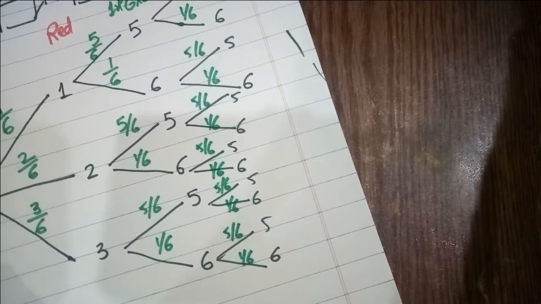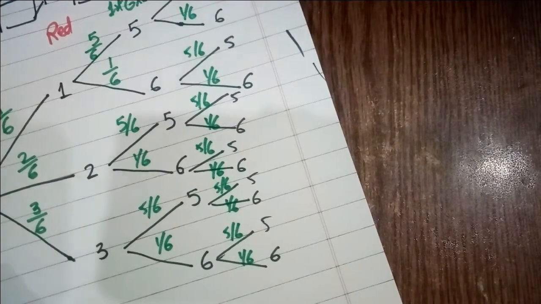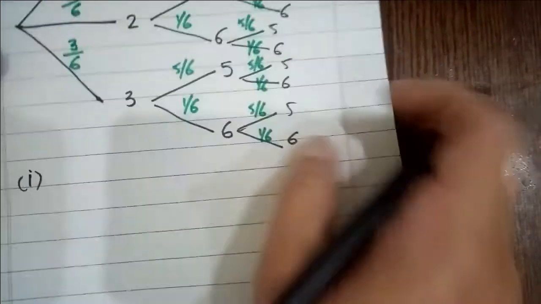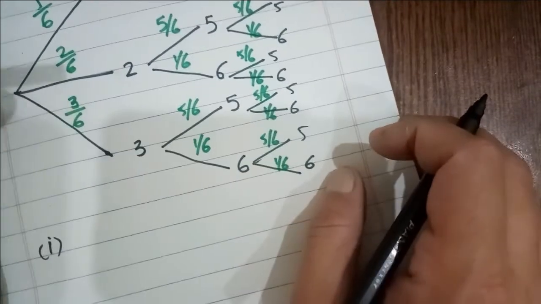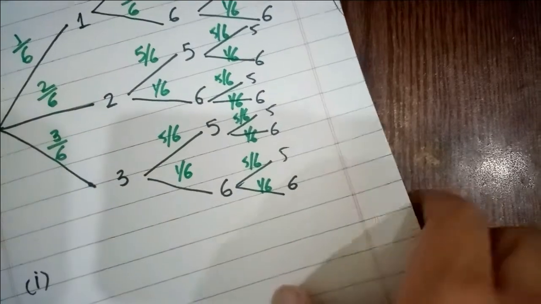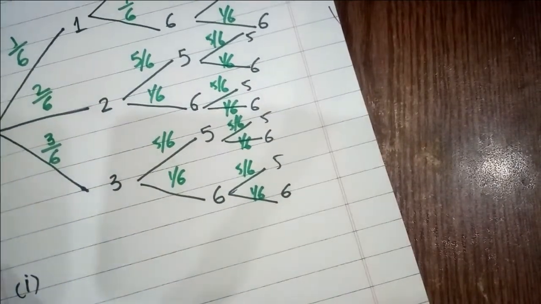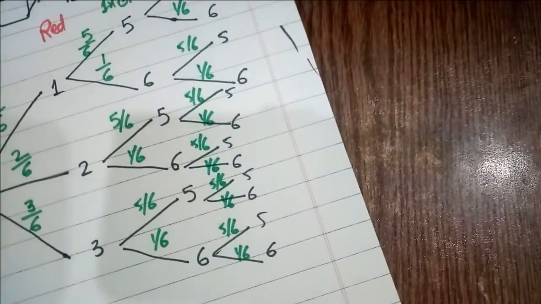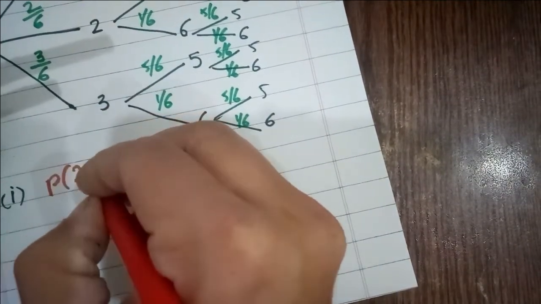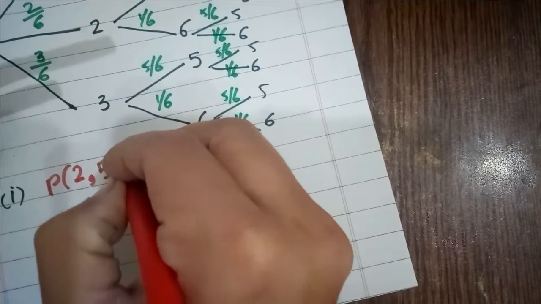Next, part B. Using the tree diagram, calculate the probability of obtaining part 1: 2 on the red die, 5 on the first green die, and 6 on the second green die. So you have to find the probability of getting 2, 5 and 6.